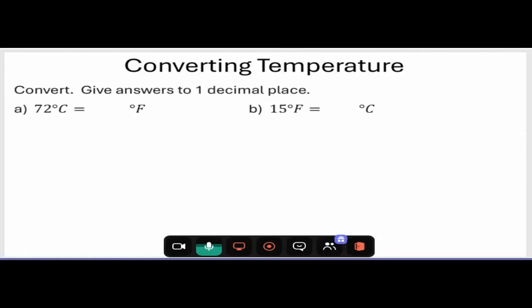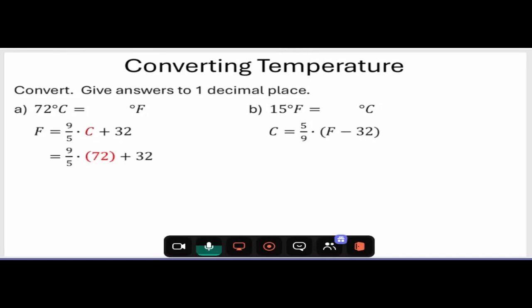Okay, so here's a couple examples. We're going to convert. So we've been given 72 degrees Celsius. How much Fahrenheit is that? There's the formula we want to use because we've been given C. And then over here, we've been given F, so here's the formula we want to use to find Celsius. I'm going to plug the 72 in for C, and the rest is just working it out with your calculator.